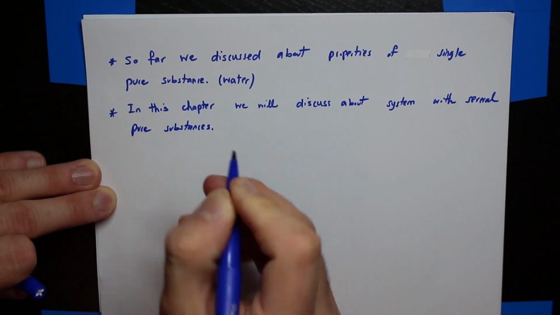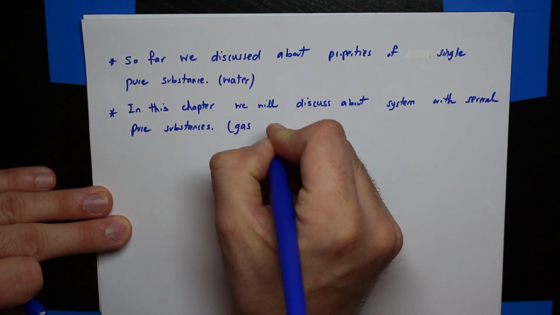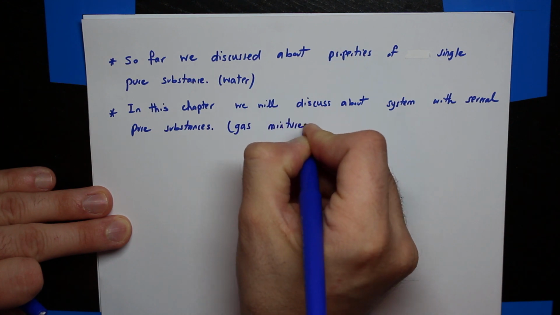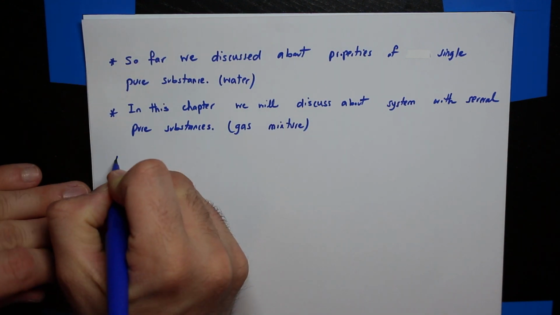Basically, we are discussing gas mixture. What if we have different substances in one particular system? What if those substances are mixed with each other?